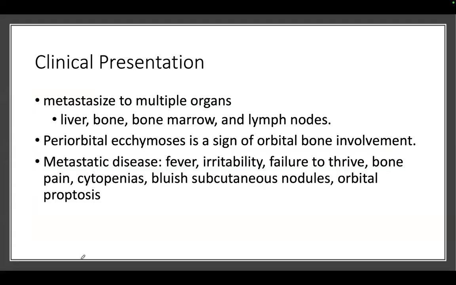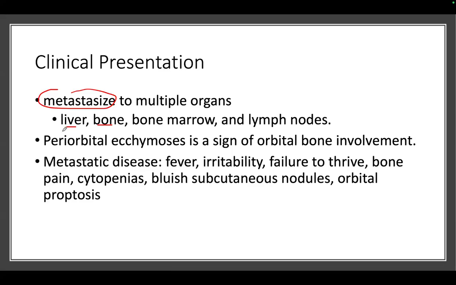Now, neuroblastoma is notorious for metastasizing to multiple organs, particularly the liver and the bone. It can metastasize to the lymph nodes. It can metastasize to the bone marrow.